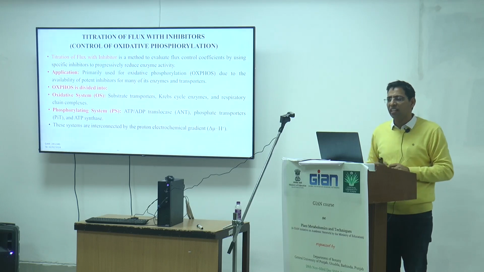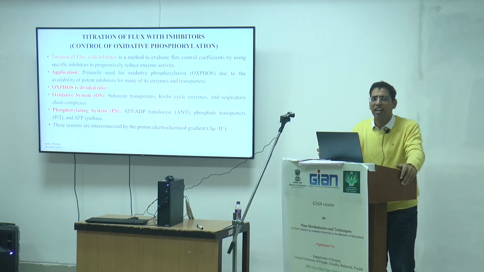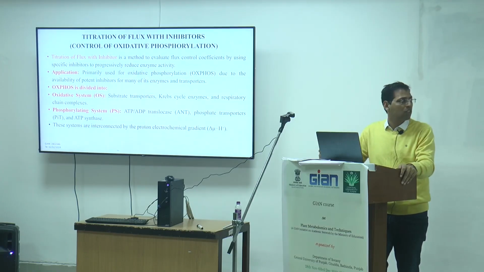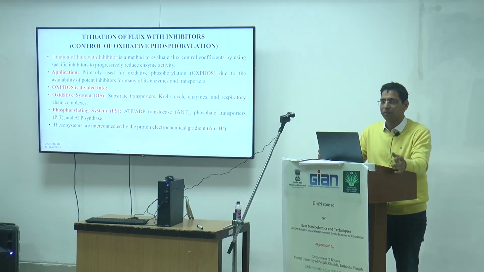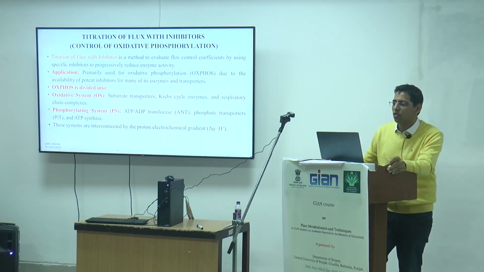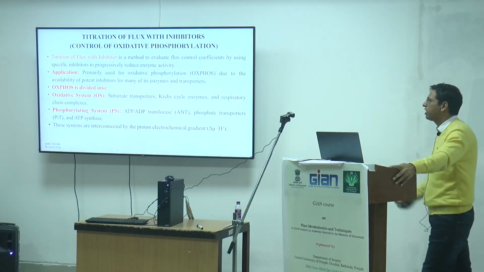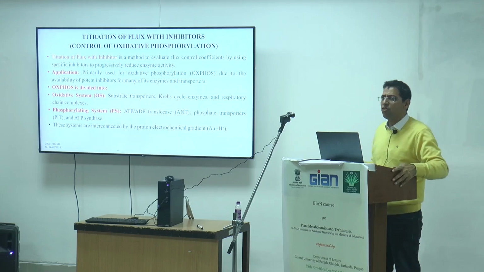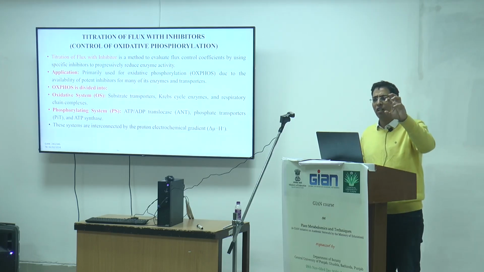This is the second thing that we discussed a few slides before also, that is the titration of the flux with inhibitors: control of oxidative phosphorylation. Let me take this example for a better understanding of this method. It is a method to evaluate the flux control coefficient by using specific inhibitors to reduce enzyme activity.